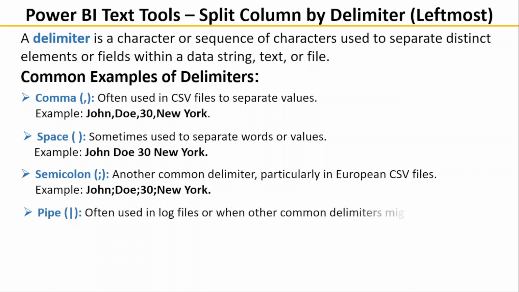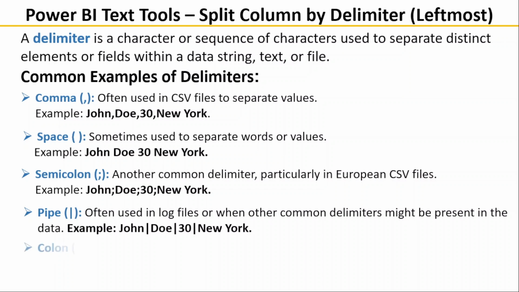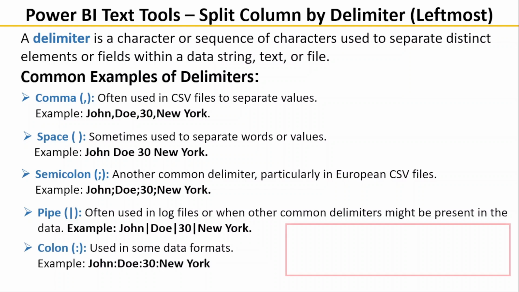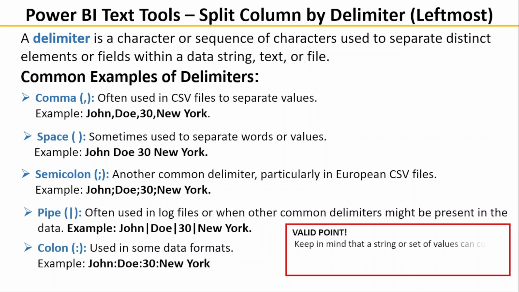For example, John Doe 30 New York, all spaced. We have the semicolon, and then we have the pipe, and also we have the colon, used in some data formats as well. For example, John Doe 30 New York are all separated with a colon.